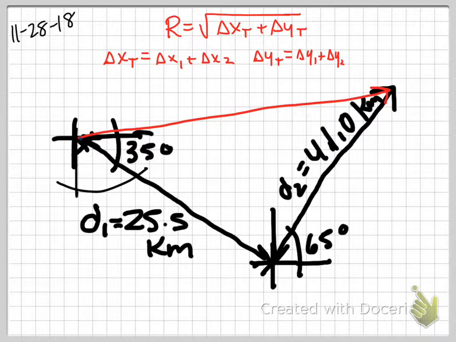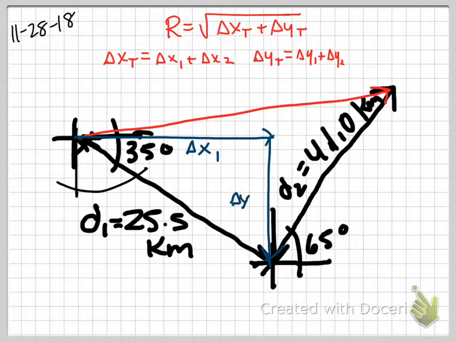My tendency, unless it's really hard to do that, is to use the triangle that is defined by the angle you were given. It's just one less mistake for me to make. So this is delta x1, this is delta y1. And when I can, I do like to label those because, again, it's one less thing that I can screw up.